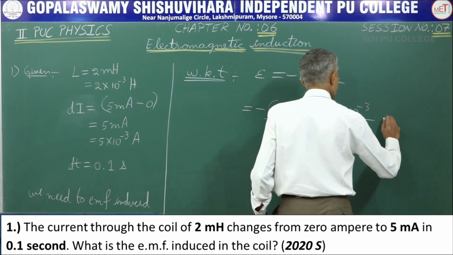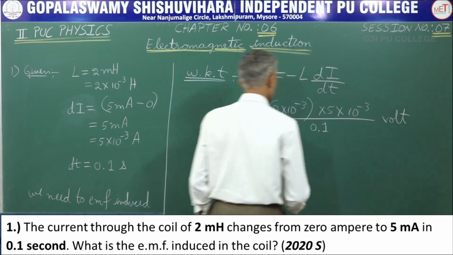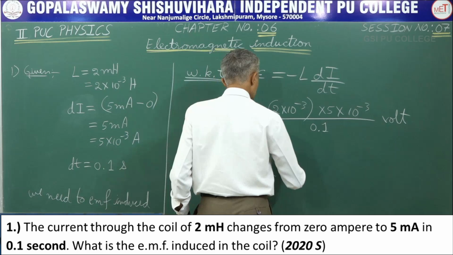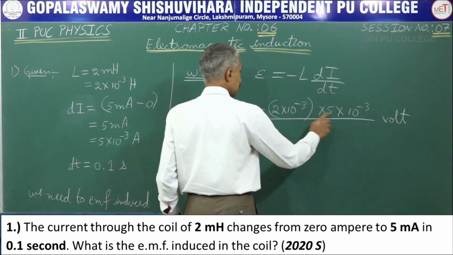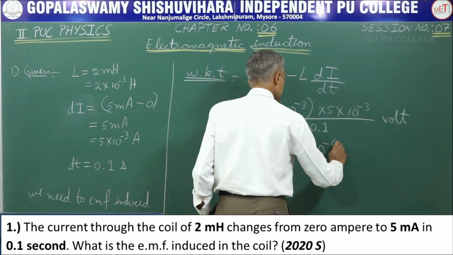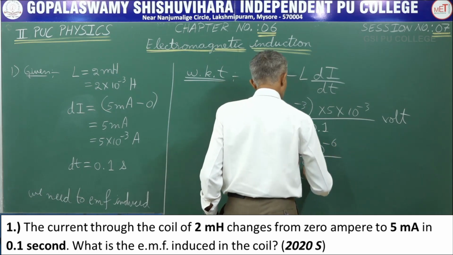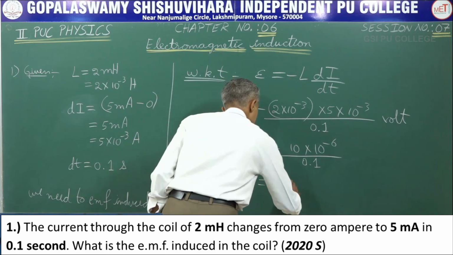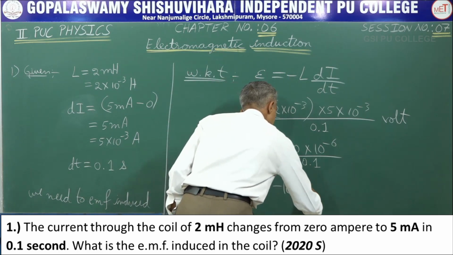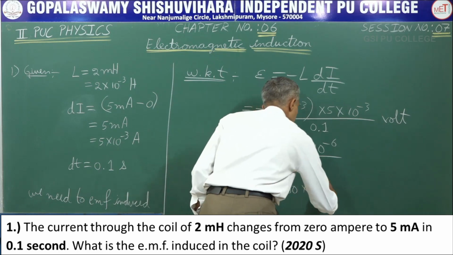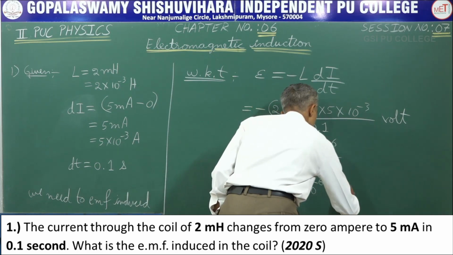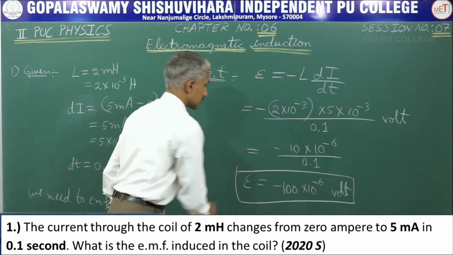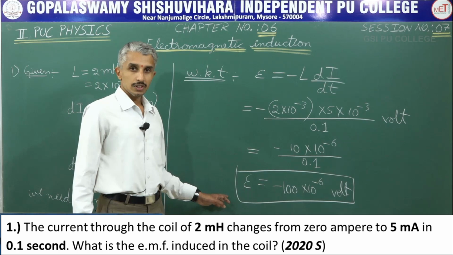The SI unit for EMF induced is volt. A very simple numerical. 2 into 5 is going to give you 10. 10 to the power minus 3 into 10 to the power minus 3 is 10 to the power minus 6, divided by 0.1. 10 divided by 0.1, I will get it as 100 into 10 to the power minus 6 volt. So we have solved the first numerical.